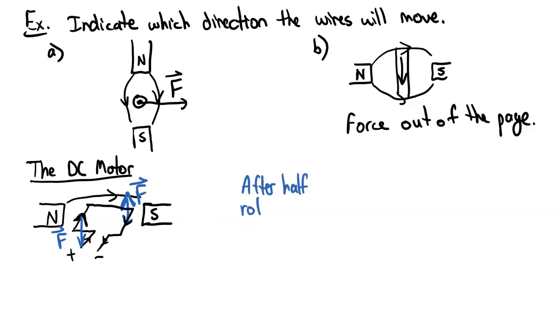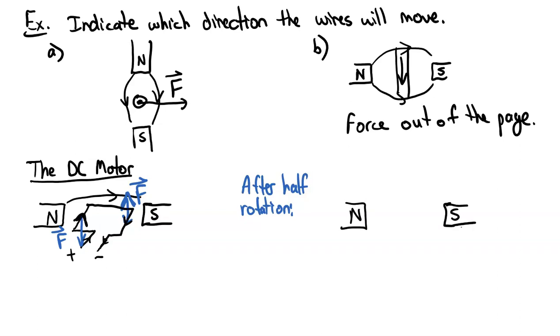What's happening when it's spun halfway around? Again, I'm going to draw the same diagram. My external magnets aren't going to change. This is still a northern pole on that magnet, still a southern pole on that magnet.